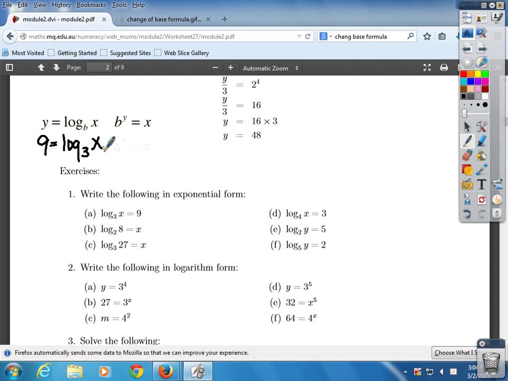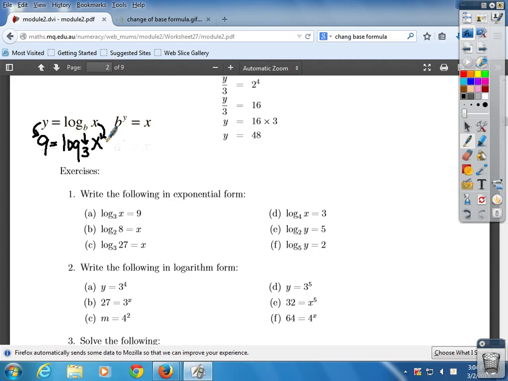This is what I used to do as a student. Okay? For those that are listening, take your y and your b and your x, and now what am I going to do? Put it in this form.